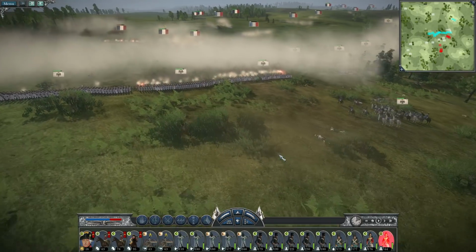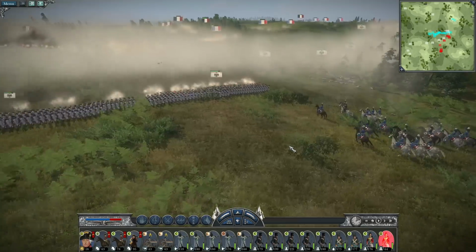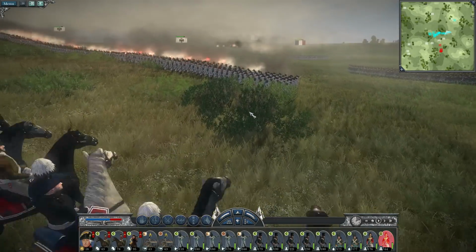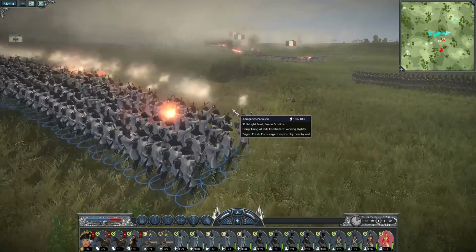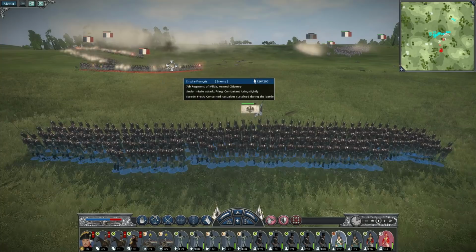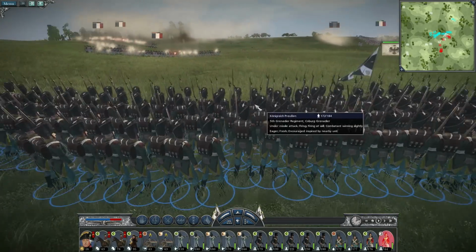The Prince moving close to the line to make sure that they hold in the face of enemy fire. I think we'll have the Coburg Grenadiers. No, I think they'll fire at the current angle.